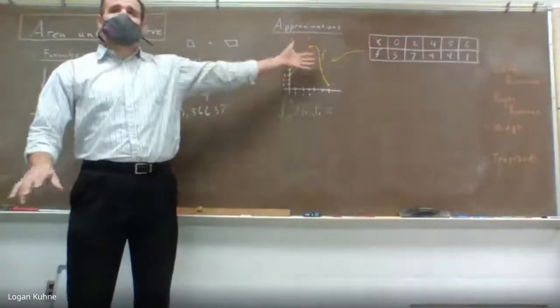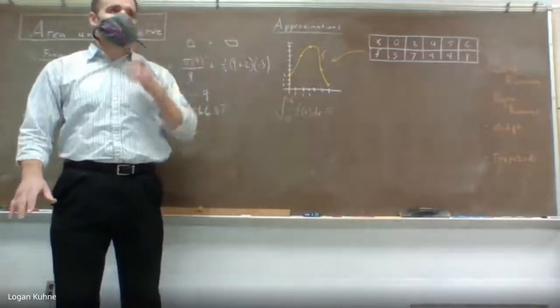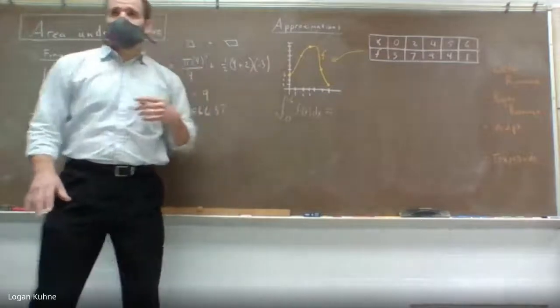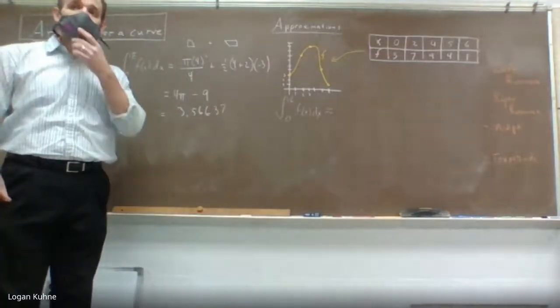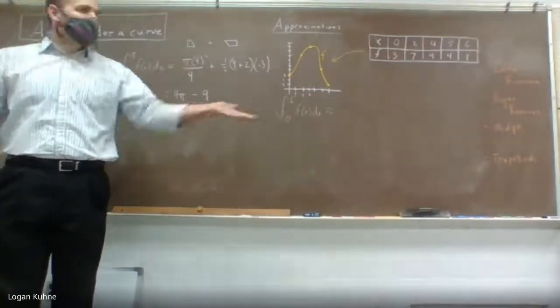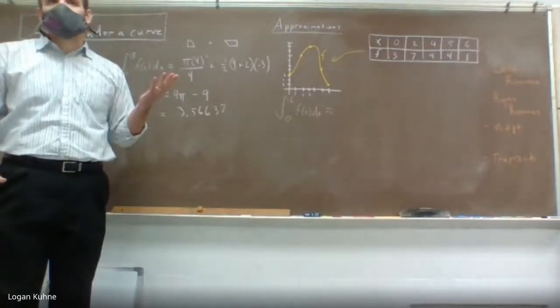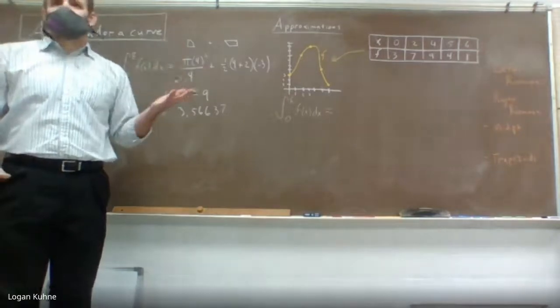But for right now, this is the best we got. So what do we do? How do we find the area under this? Yes, we're just going to approximate. What shapes do you think would fit under this nicely? There's not really a good shape, is there?